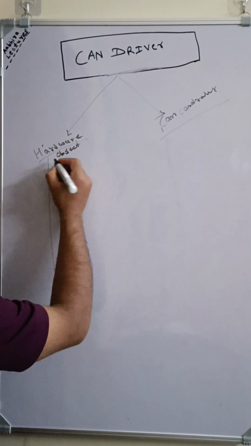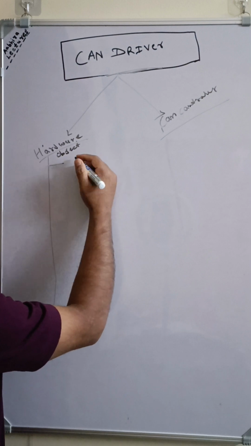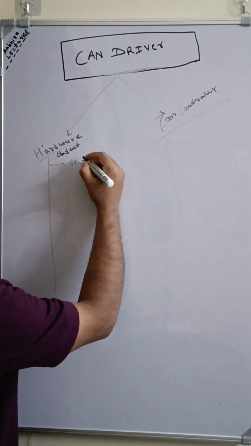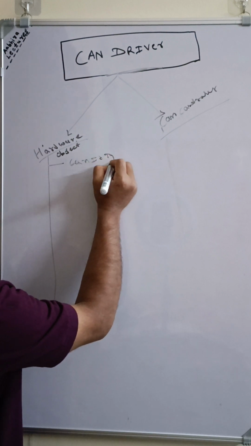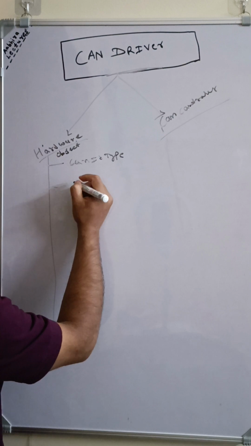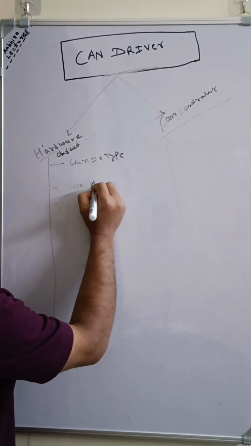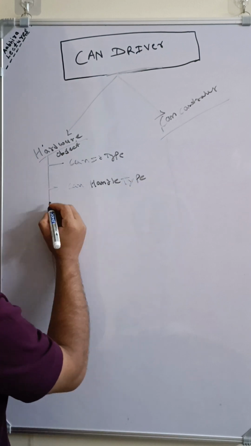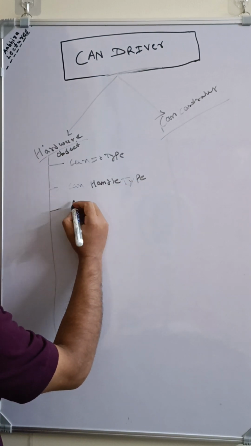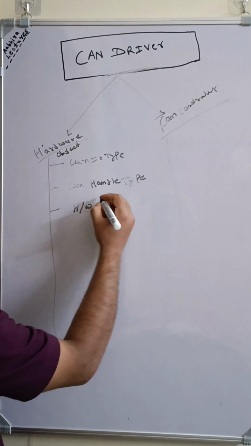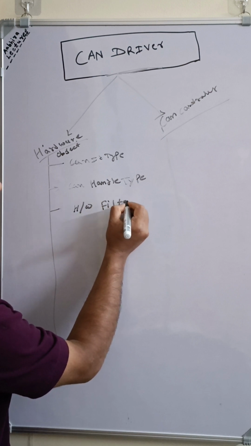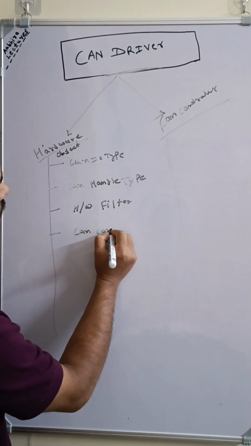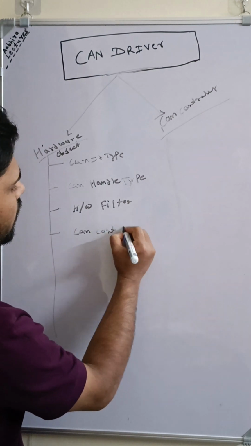In hardware object first will come CAN ID type, next is CAN handle type, next is hardware filter, next the CAN control reference we have to give.